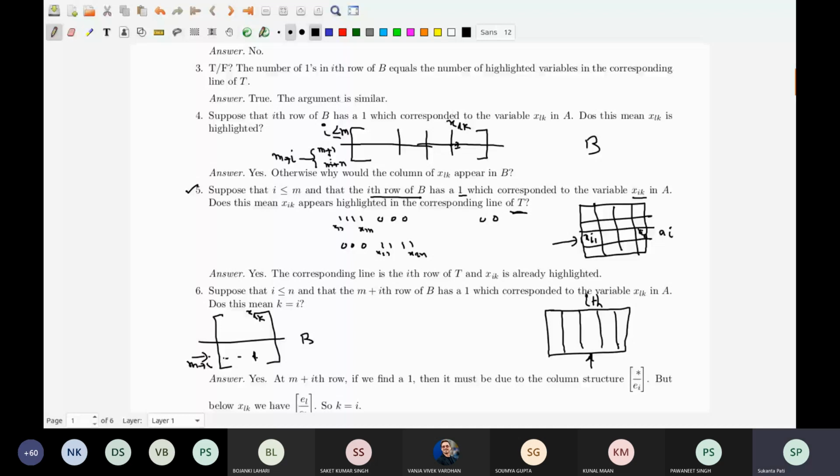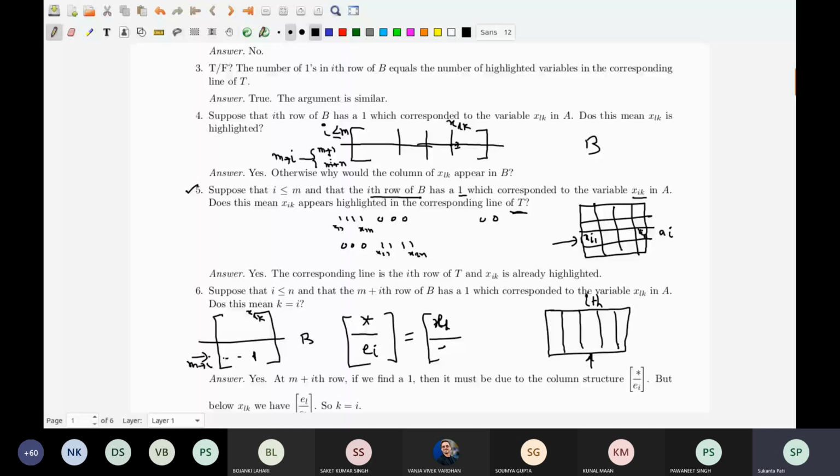So it should be that. But below xlk you should be having x el ek, you should be having that. So that basically means you should actually have l equal to k.